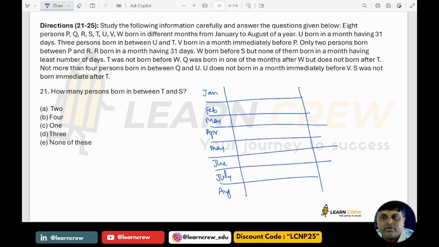8 persons are born in different months. Now please see here, 3 persons born between U and T. U was born in a month having 31 days.